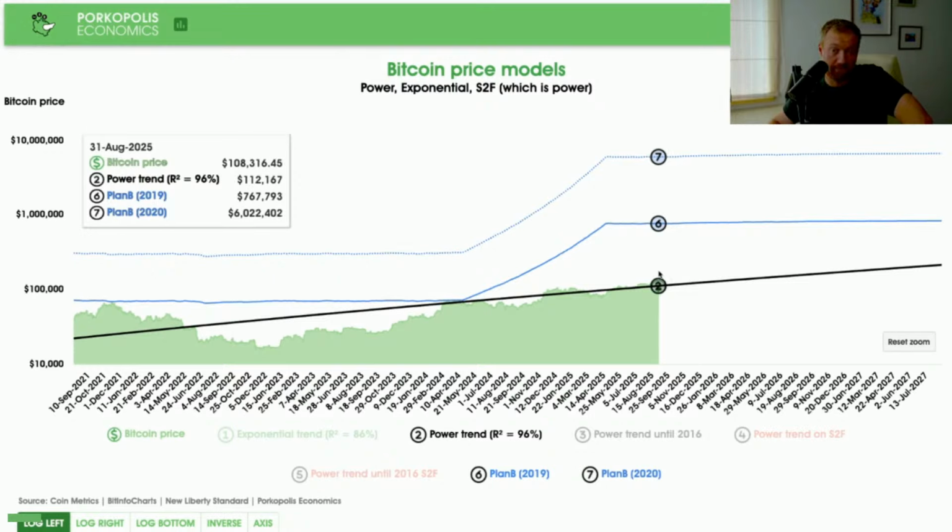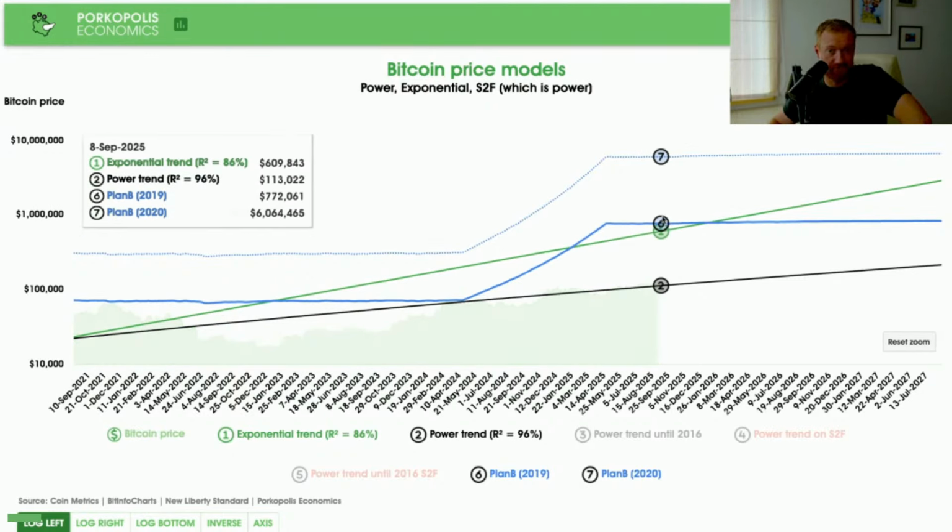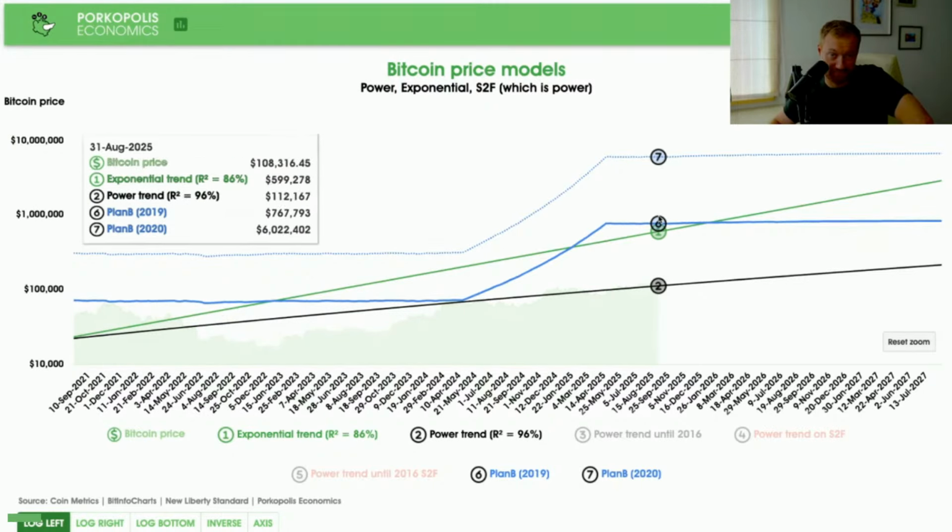This is better. Starts to look a little bit more like exponential trend, which should also tell you something about how the stock to flow clustering works, especially when you put gold and silver coefficients into a power model.